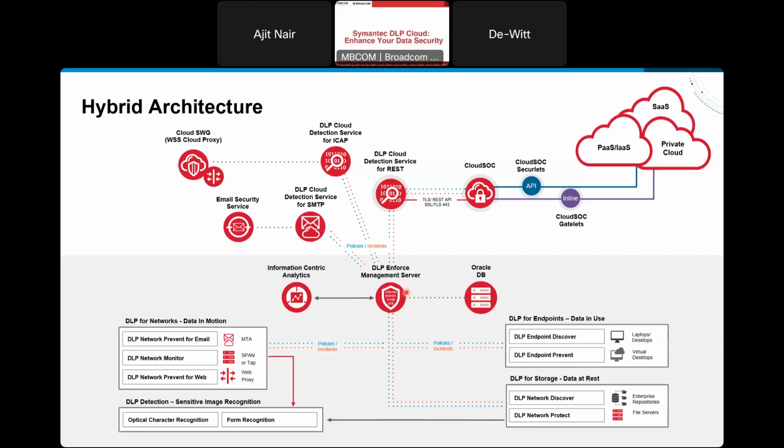As an example, if you want to run a scan against Office 365, the first thing is you enable that in the CloudSOC portal, and then you can run scans against Office 365, for example, OneDrive, right? And those gatelets are the inline inspection way of detecting data which is in motion, right?